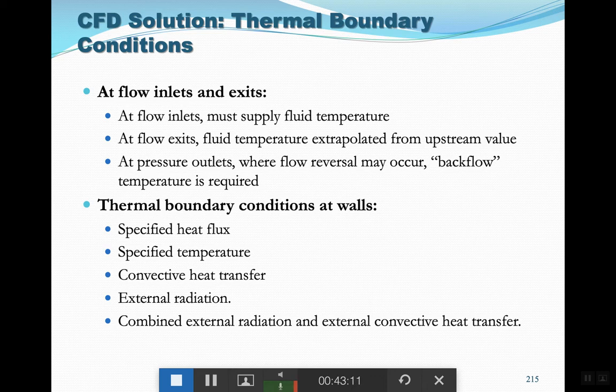For example, you say the wall is constant temperature, and let the system calculate the amount of heat transfer. Or if you are talking about convective heat transfer, you of course have to provide H on the wall. Or even if you have radiation, you have to have the surface characteristics and material characteristics to calculate the external radiation on the system.